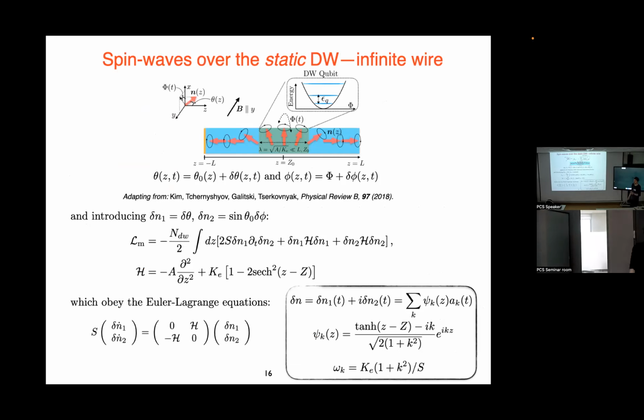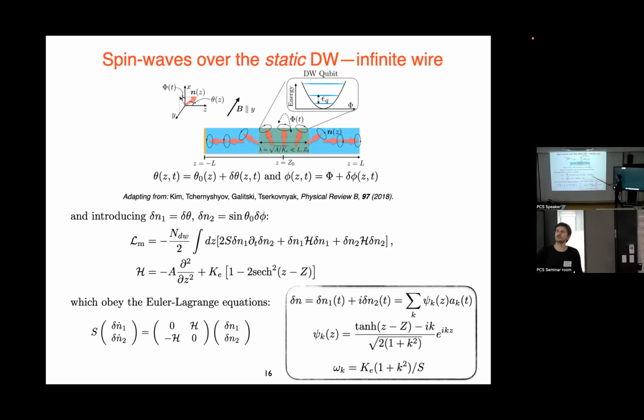And now this brings me to magnons. To describe the magnons, I adapted here from the very beautiful work by Sergei and Oleg with Yaroslav and Viktor Galitsky, where they describe the fluctuations on top of the domain wall through these variables phi and delta phi, and they introduce this variable delta theta, the variation in angle theta, and the variation in angle phi.